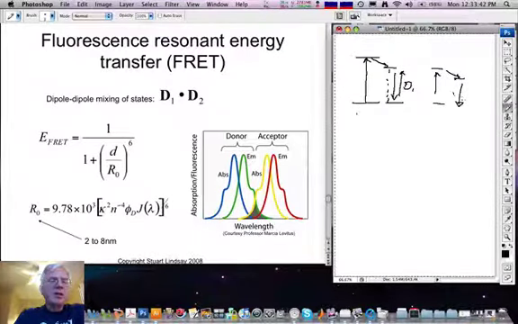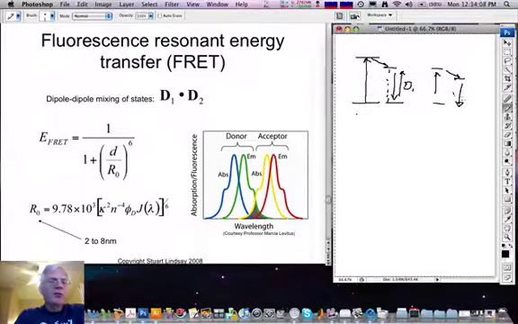Because it's a dipole-dipole interaction, the distance dependence is like 1 over the distance to the 6th power, and so when d equals this parameter R0, the efficiency is 50%, meaning that half the photons would come out in the green and half the photons would come out in the red. This Förster radius is something that can be calculated.